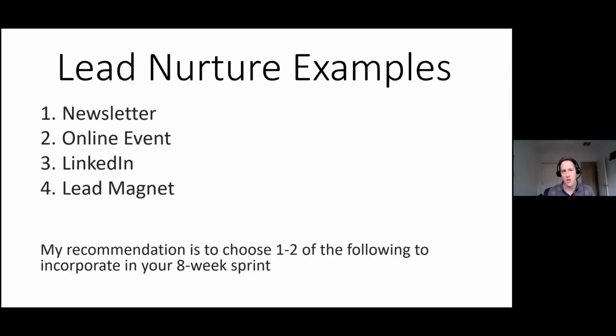An online event could be where you're speaking at an event or running an event yourself. LinkedIn is where you might be connecting with other people and nurturing that way. And a lead magnet is where you might have a downloadable resource, an ebook, something like that, and you design a flow that follows on from there.